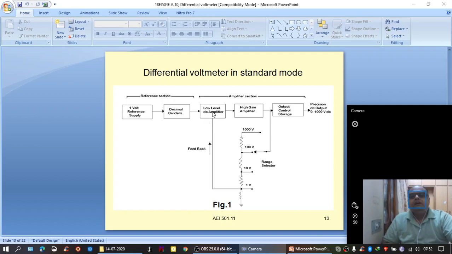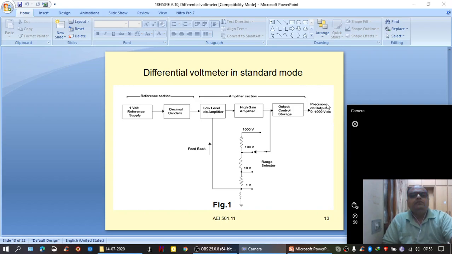So the output of the low level DC amplifier, previously assumed to be E1, will now become E1 plus delta V. Suppose this value has been reduced; minus of minus becomes plus, so E1 plus delta V. That is multiplied by the high gain amplifier, so the output you will get is some other value E2, simply A times E1 plus delta V, if the gain of this is A. Previously, when A times E1 was there, we had 1000 volts here.